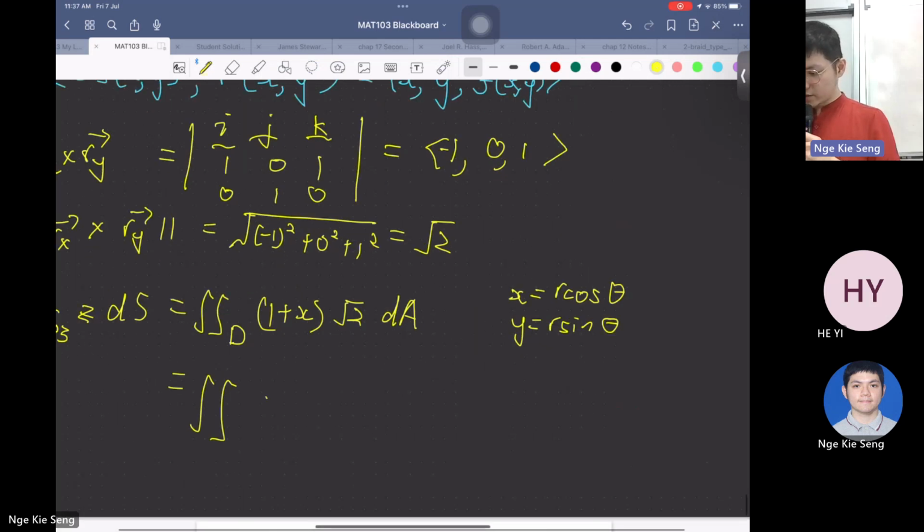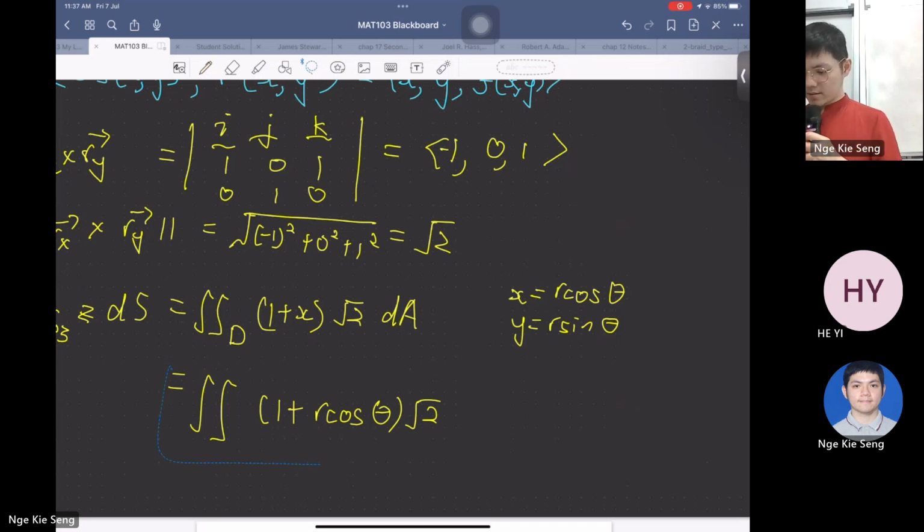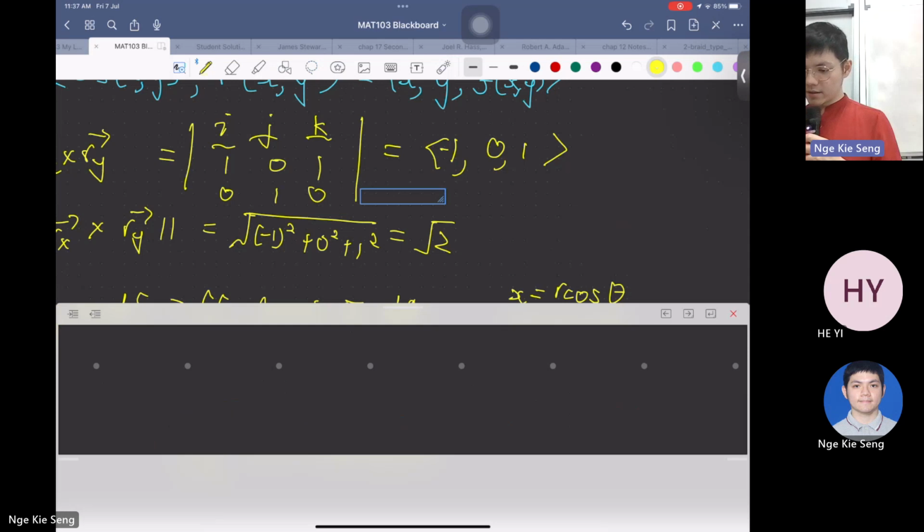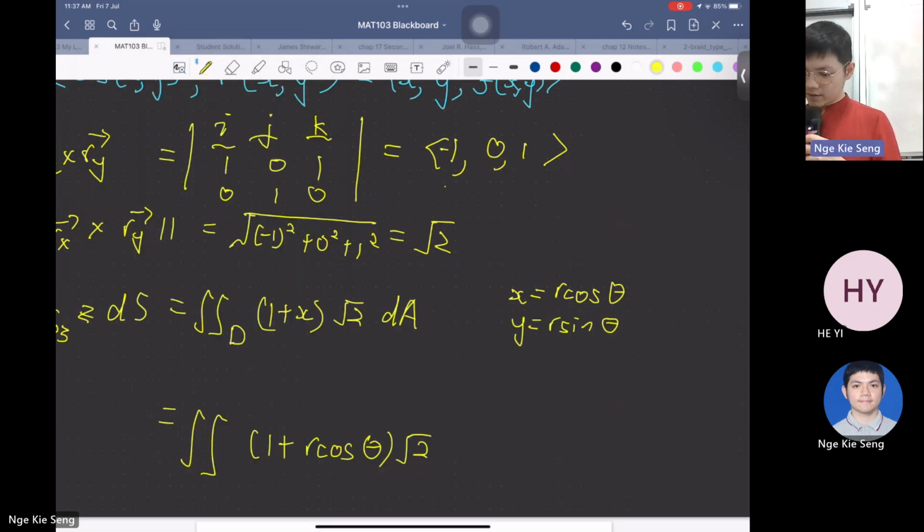So we change our function to polar coordinates. And then to go from dx dy, let me write down the dx dy, and then you will see why we want to add a Jacobian.